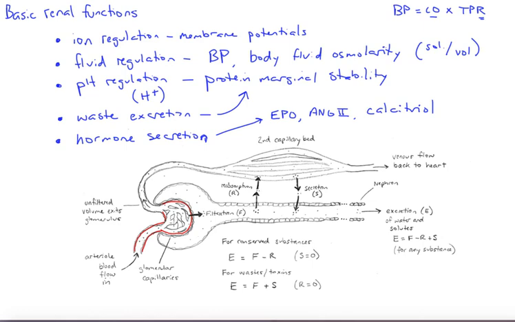Those capillaries come back together, but oddly, they don't come back together to form a venule as they typically would. They form what we refer to as another arteriole. And the reason for that is that this second arteriole is going to branch into capillaries again. So this is a vascular arrangement known as a portal system.